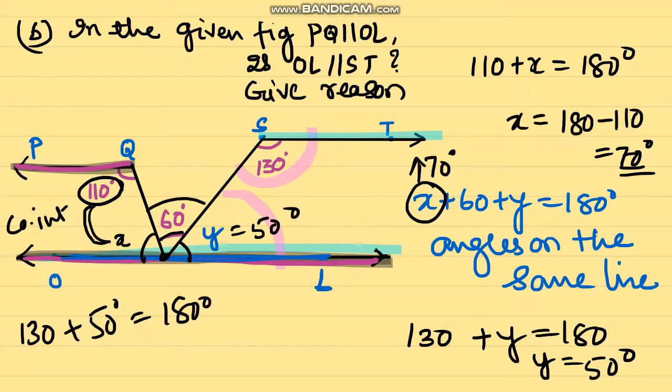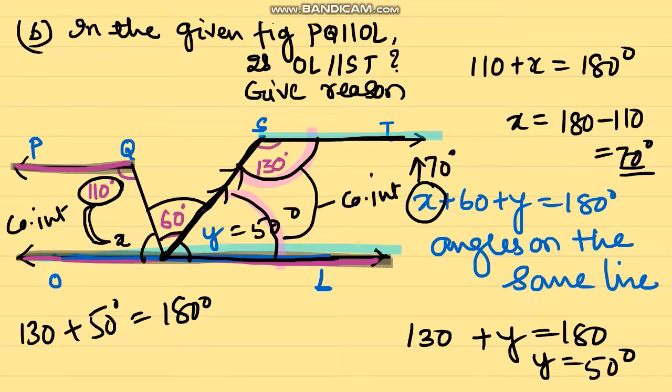Now see, this ST and OL, both of them are forming lines on which this ray is falling as a transversal, and 130 plus 50 are making 180 degrees. That means they are forming co-interior angles.